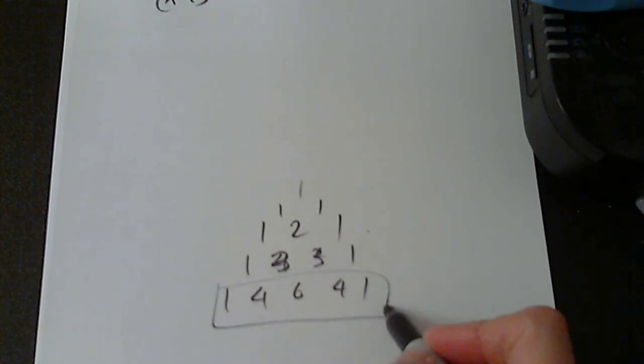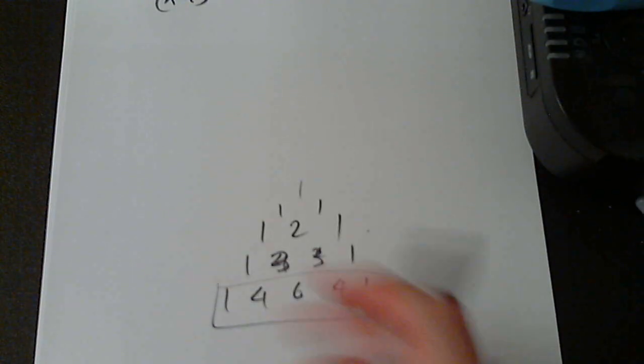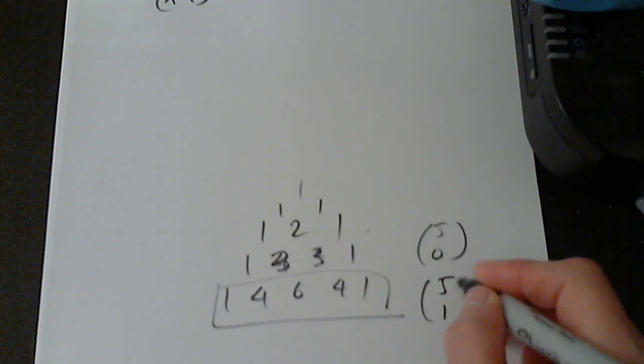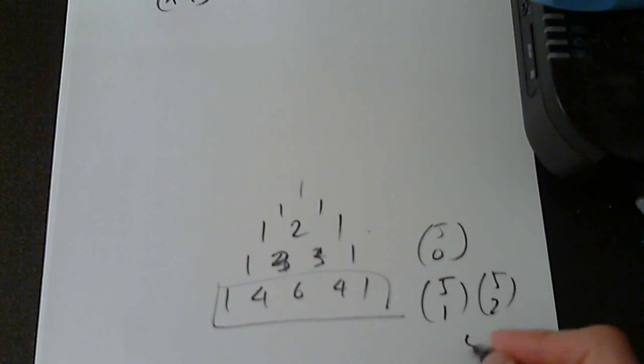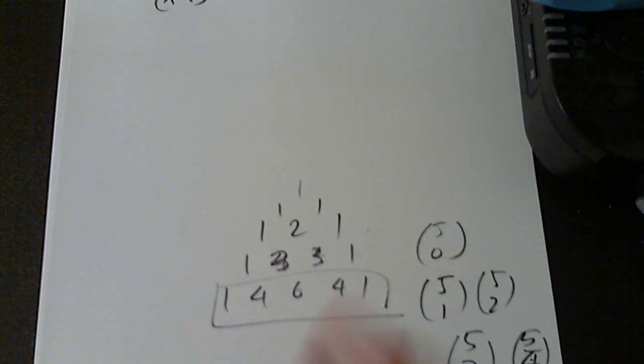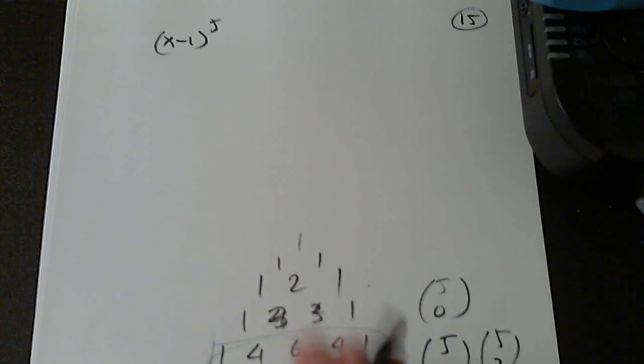So I can determine them using Pascal's triangle, or I can find 5 choose 0, which I know what it is, 5 choose 1, 5 choose 2, 5 choose 3, 5 choose 4, and 5 choose 5. Or I already have them from Pascal's triangle.